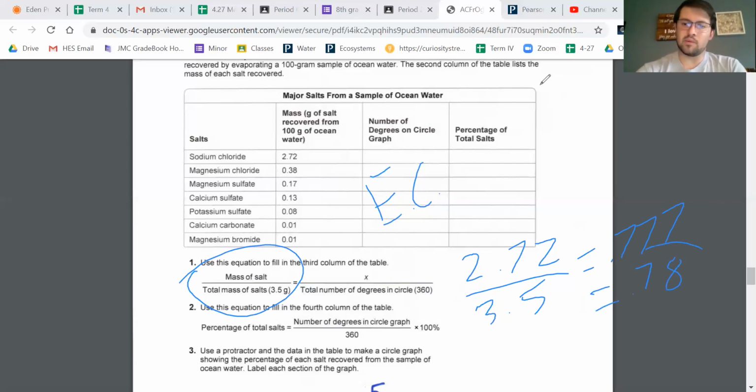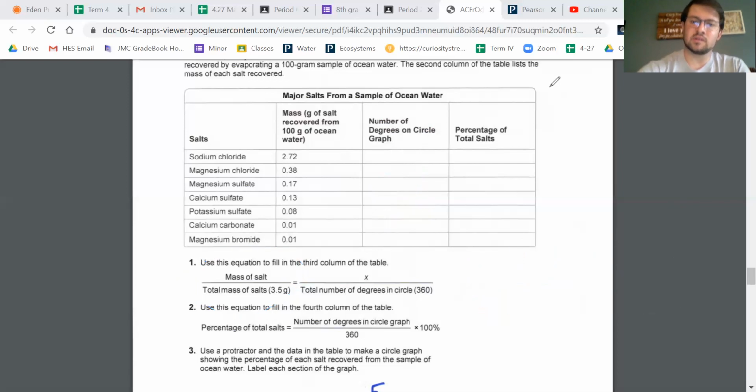That 0.78 is your percentage. To convert it to a percentage, you multiply times 100. 0.78 times 100 is 78. So the percentage of total salts that are sodium chloride is 78%.